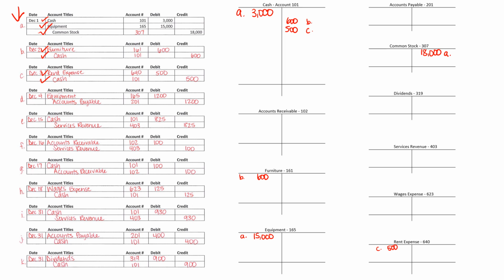D, equipment debited $1,200. And accounts payable credited $1,200. E, cash debited $825.